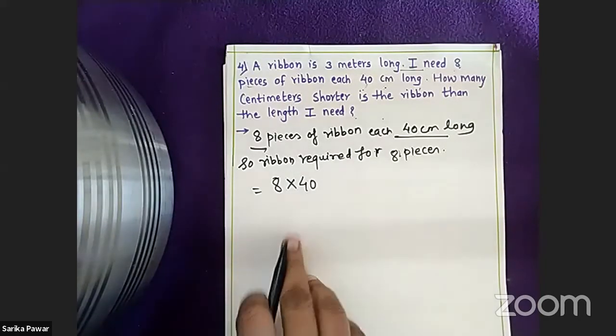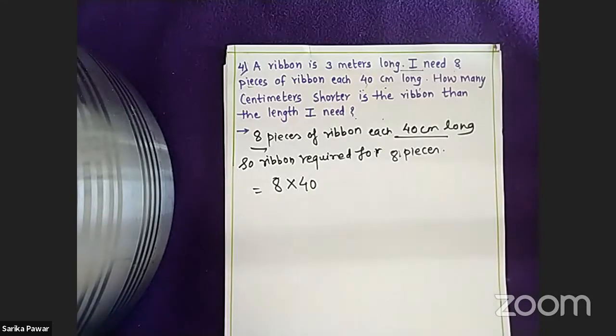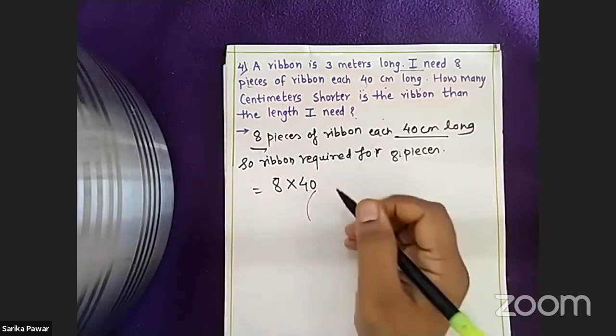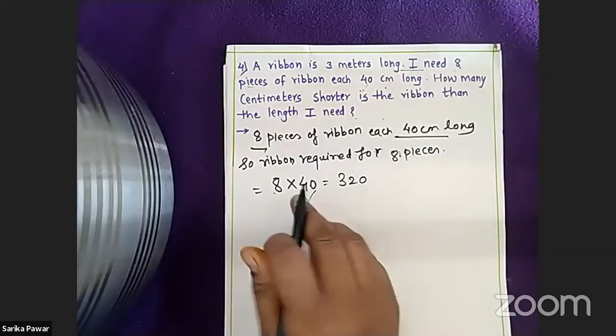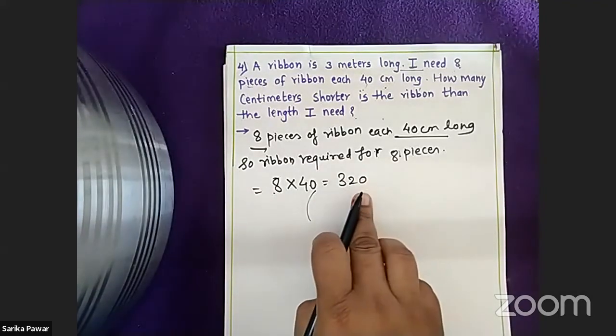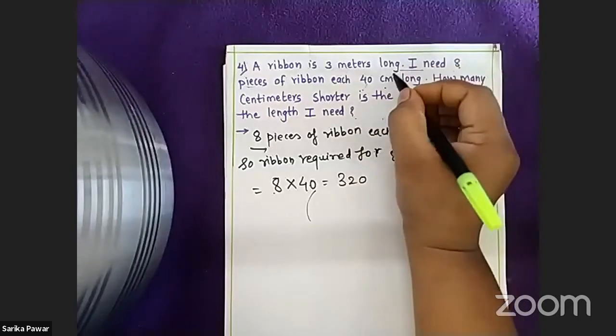Very important part it is. Keep in mind, we have to find the required ribbon in centimeter terms. 8 fours are 32 and 0 means 8 times 40 is 320 centimeter.